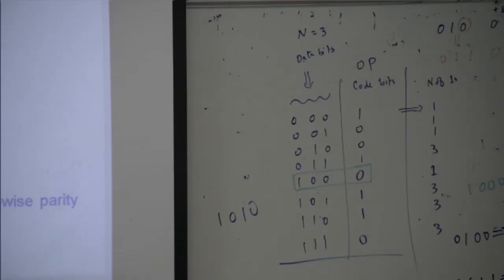And then at the receiver end, it will have both the code words and the data words. And then it will count the total number of ones. If the total number of ones is odd, valid code or invalid code? Valid code. If the number of ones is even, invalid. And then if it is invalid, it may ask the transmitter to do what? Retransmit the data. Any question?